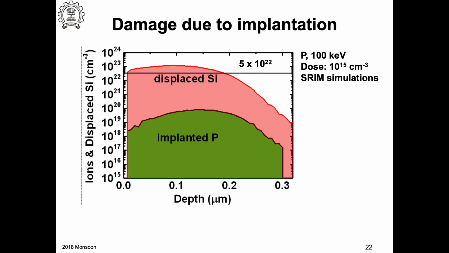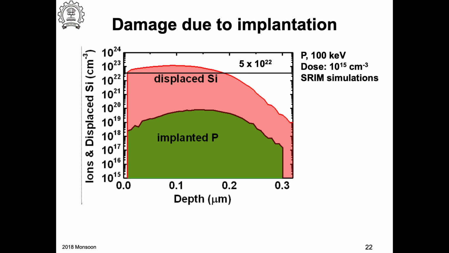You can see here the displaced silicon is actually more than the concentration of silicon. Essentially, it means that you have hit and moved a silicon atom multiple times. The same atom has been displaced.